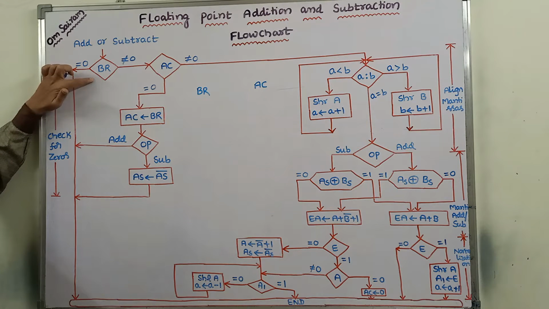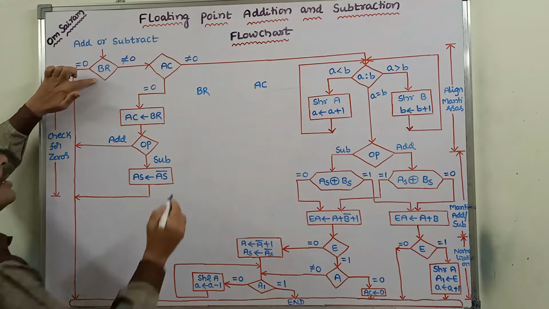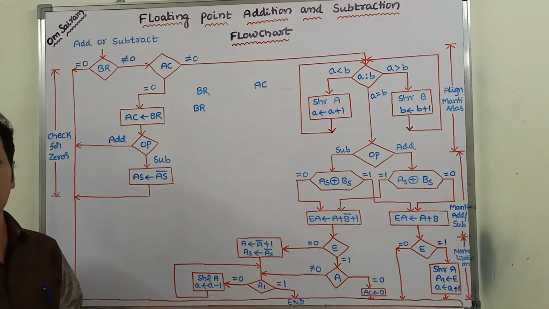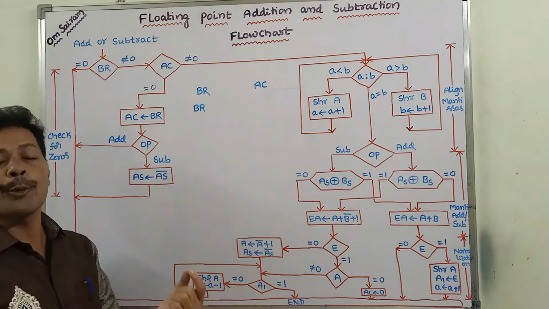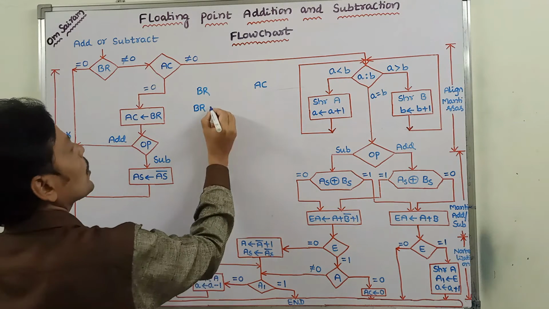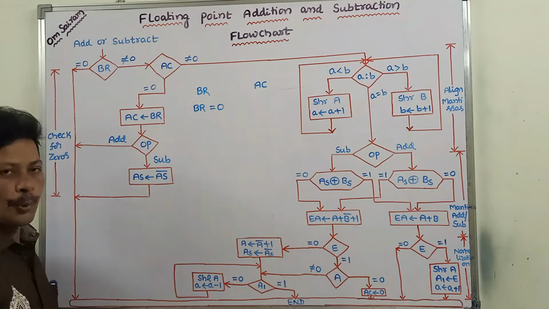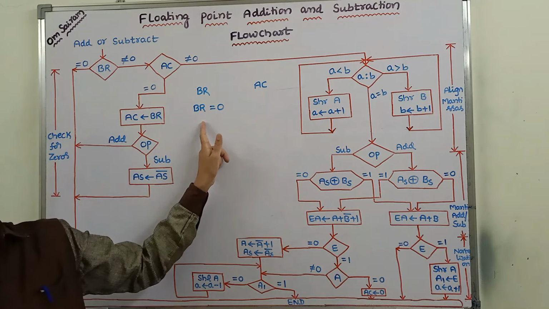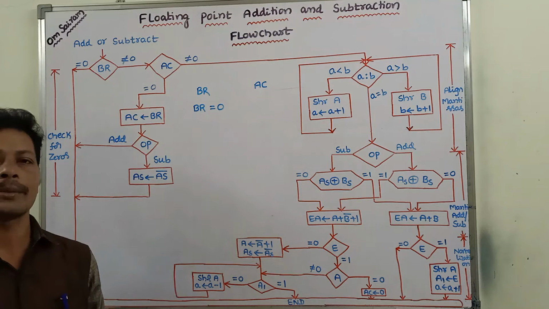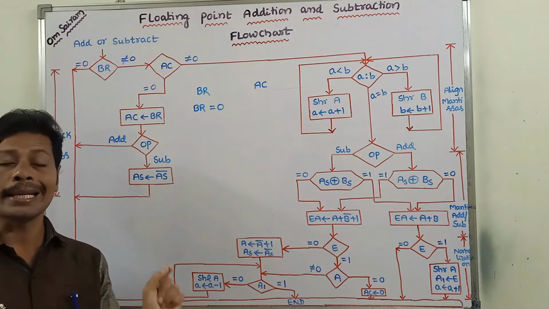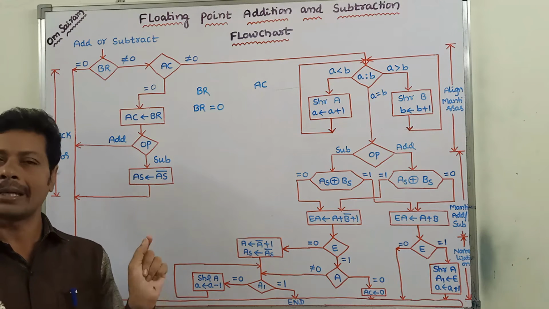Now we have to check the BR register, whether it contains a 0 value or not. That means the first floating point number is either 0 or not. Suppose BR value contains 0. Then there is no need of checking the AC register, because whatever the value that is present in the AC register becomes the result.